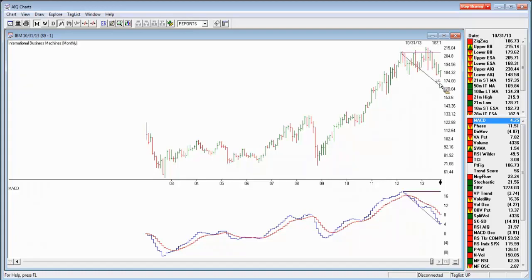Correct? Correct me if I'm wrong. See? Now, does that look like the stock is in an uptrend or should be in an uptrend? No. Does it mean that there cannot be interruptions to the downtrend?